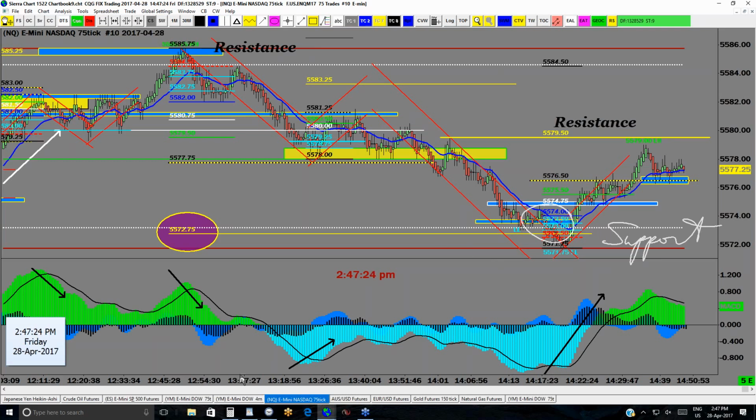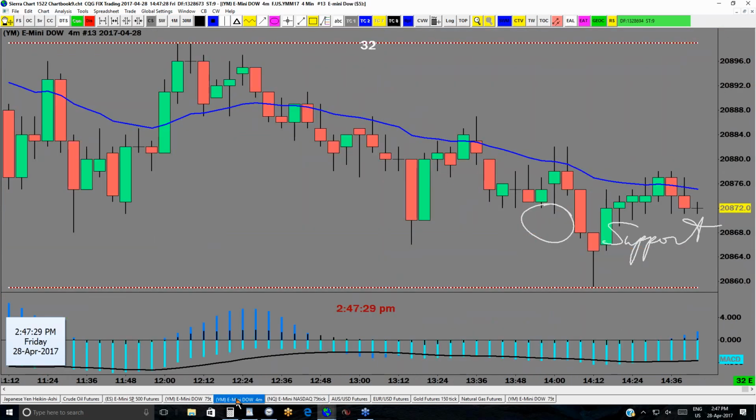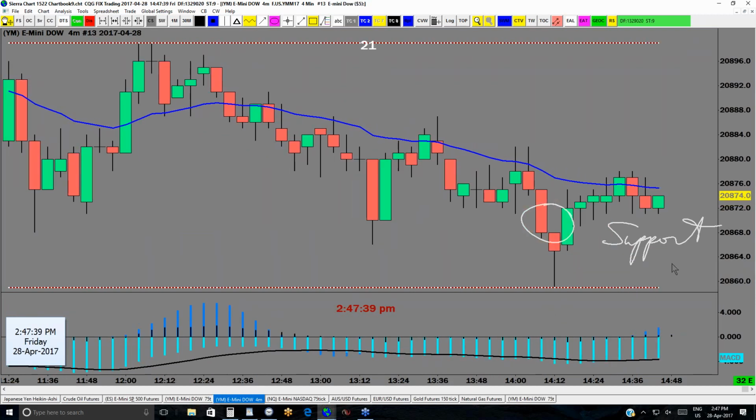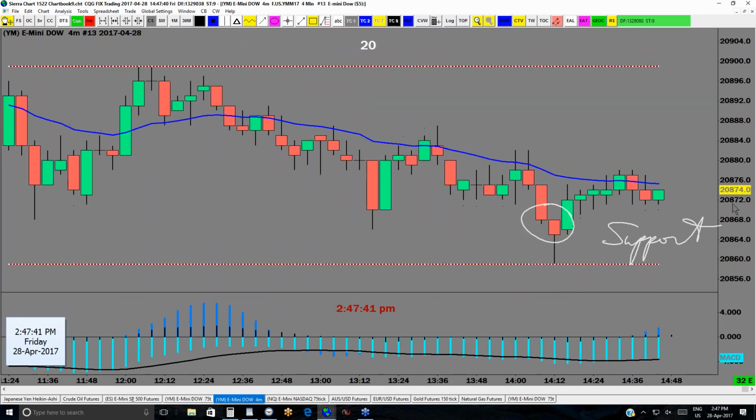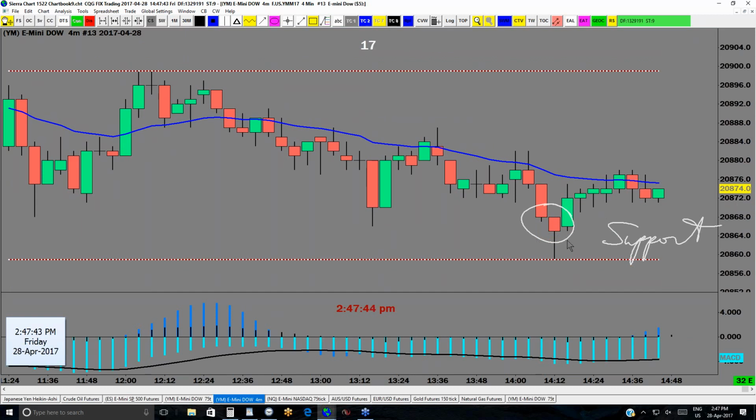All right, and real quick on your YM before we pause. Oops, that's your 4 minute. I'm sorry, still looking for support. It is a lower low here and a small candle takeout, if you will. So this here's your 4 minute time frame, right in there, that small candle takeout on your 4 minute.